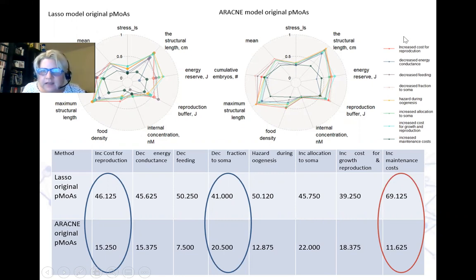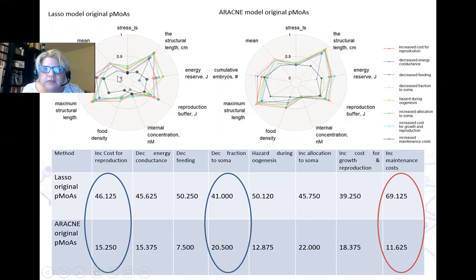These different physiological modes of action are color coded. We have increased cost for reproduction, decreased energy conduction, all of them are here. What you're looking for in both of these models is the ones with the higher R squared, the ones going into this area.